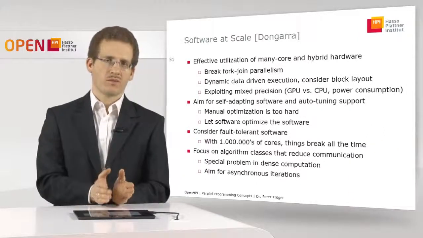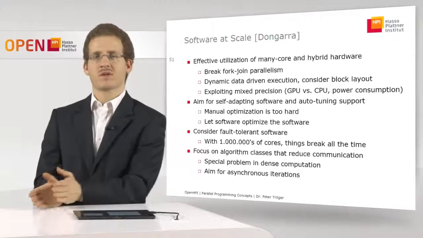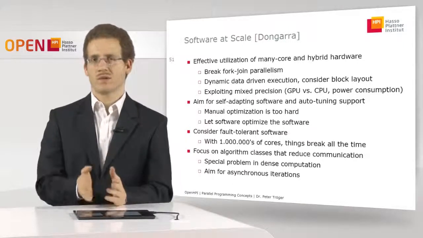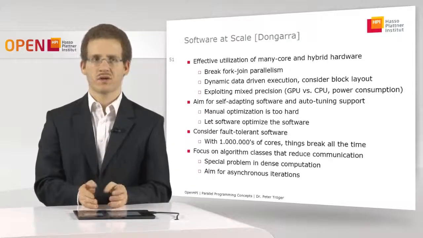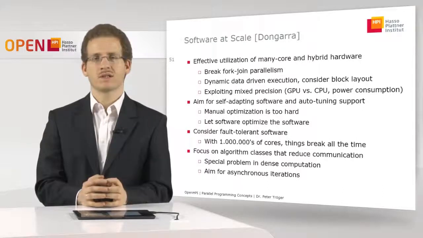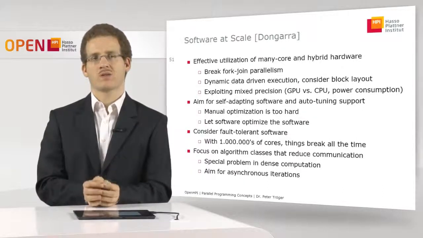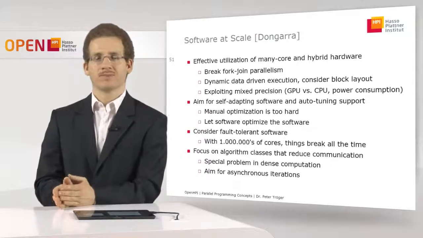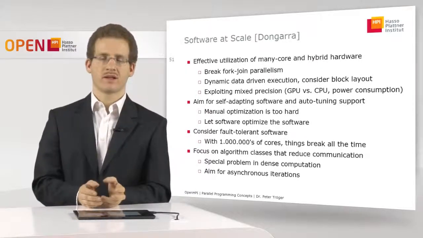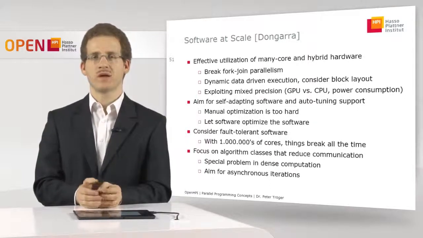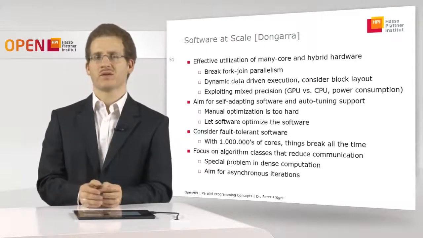When you move now from future hardware trends to future software trends, there are interesting aspects which were, for example, identified by Jack Dongarra. He says that the efficient utilization of many-core and hybrid hardware actually has a lot of implications on parallel development. The first is that the classical, or let's say OpenMP, idea of fork-join parallelism may not really work in a heterogeneous environment.